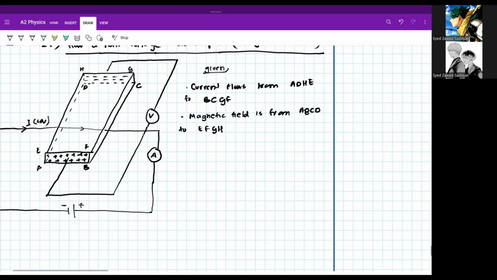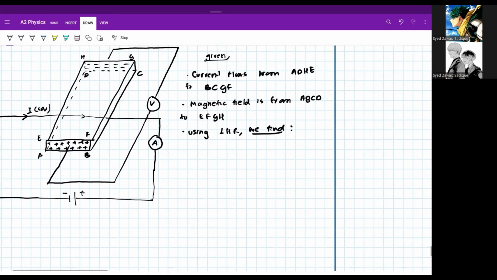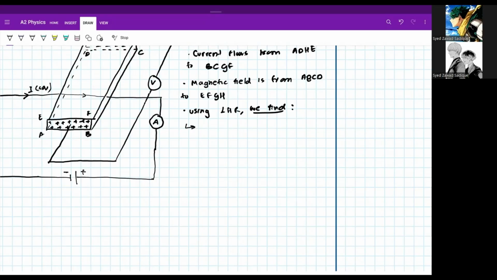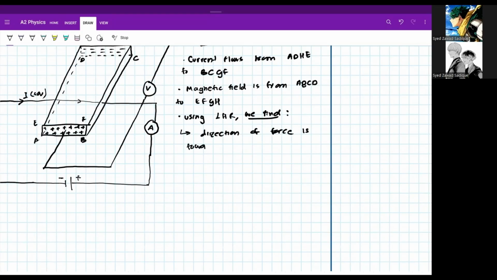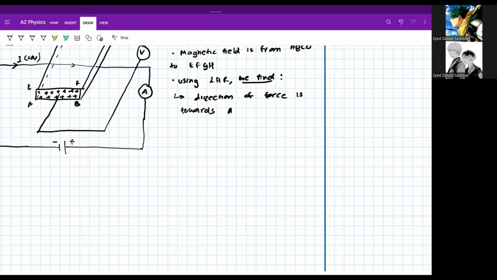Okay, now using Fleming's left-hand rule, we find that the direction of force is towards ABFE.